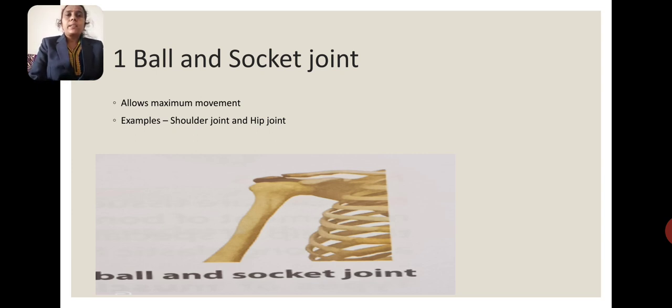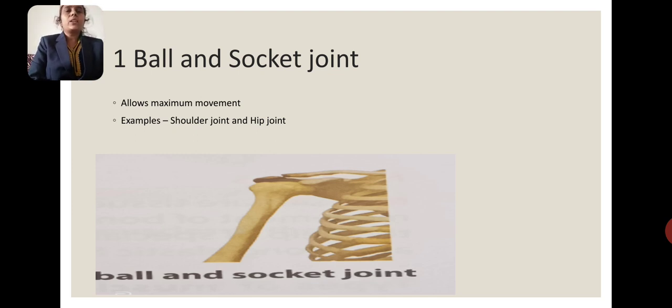Some body parts move, but not too much, right? But which joint allows us to have the maximum movement of our body? The answer is the ball and socket joint. With the help of this joint, we can move our body to the maximum extent.